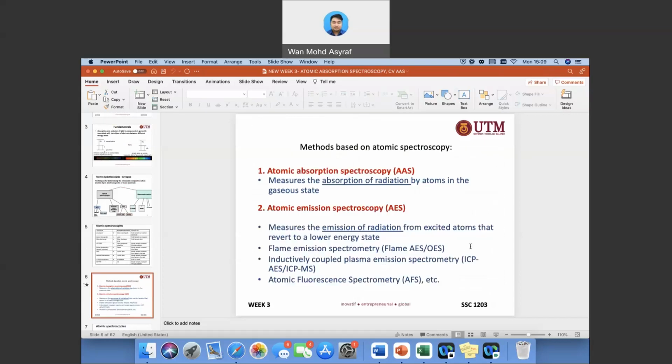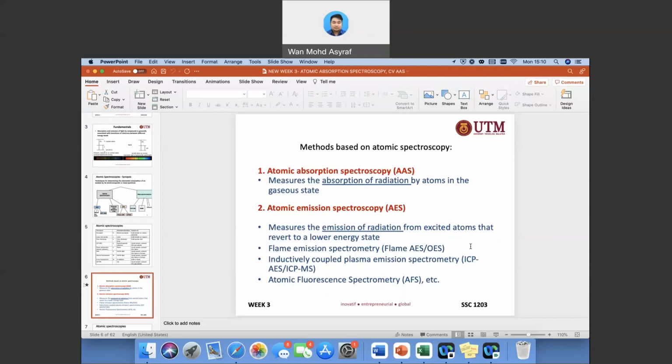Okay, methods which are based on atomic spectroscopy. As we have looked at before, atomic absorption spectroscopy, AAS, measures the absorption of radiation by atoms in the gaseous state. As its name says, it measures absorption. So from whatever has been transmitted, you can get the absorbance. For atomic emission spectroscopy, it measures the emission of radiation from excited atoms.